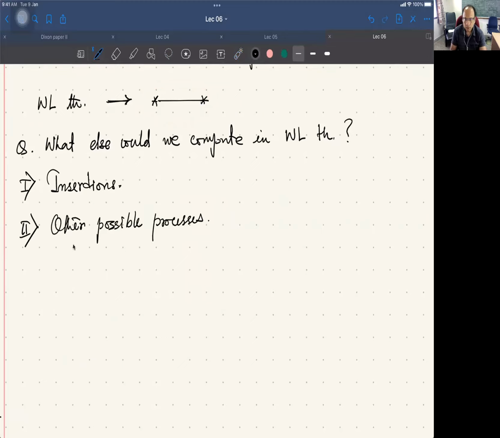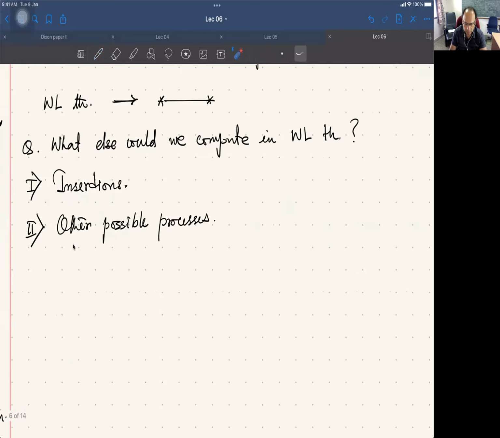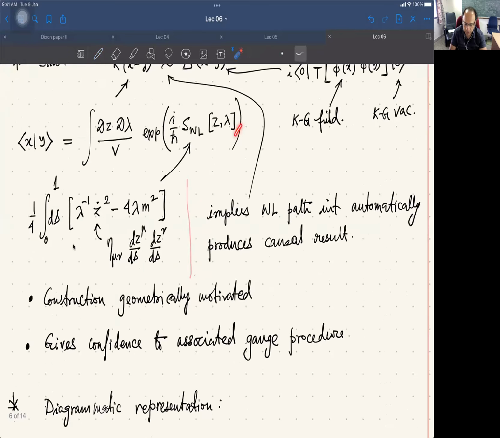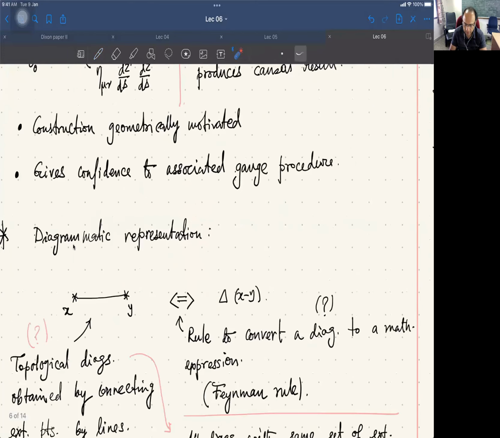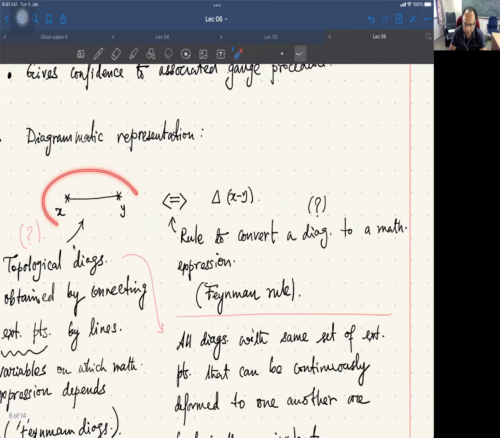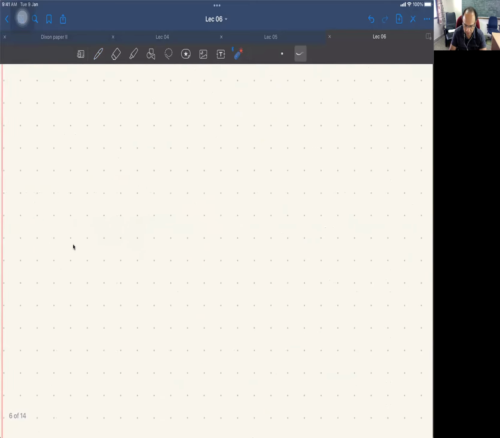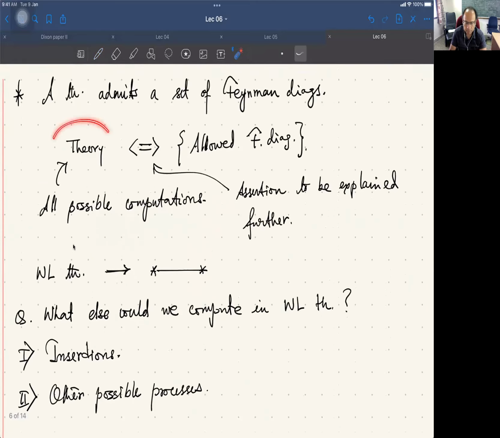So I will explain what I mean by insertions. In this second point, what other processes, that's a more physical way of asking this question. This is basically a mathematical expression. We have interpreted that, we have given a diagrammatic representation to that, and then there's a physical interpretation. What process does it describe? A theory, in a sense, is a complete structure that describes various processes.